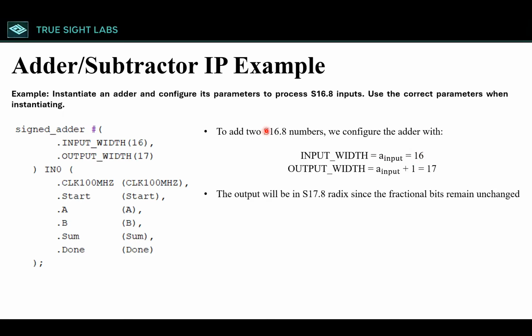So according to our rule, it needs to be set to 16. And the output width needs to be set to A plus 1, so that is 17. As a result, we configure our adder IP core with this instantiation here, and the output will be an S17.8 radix since the fractional bits remain unchanged.